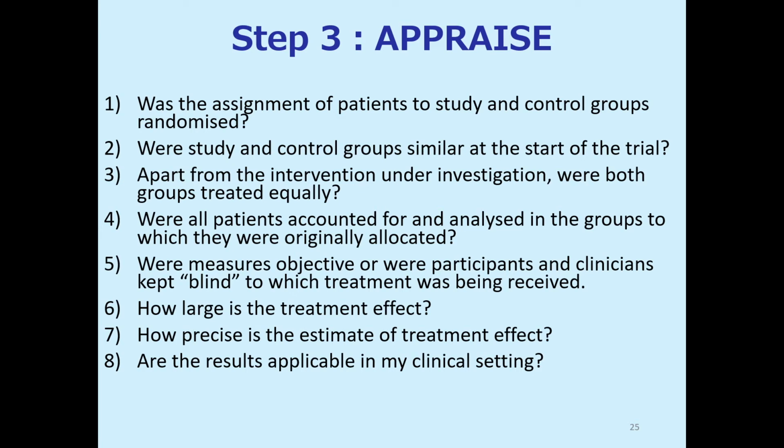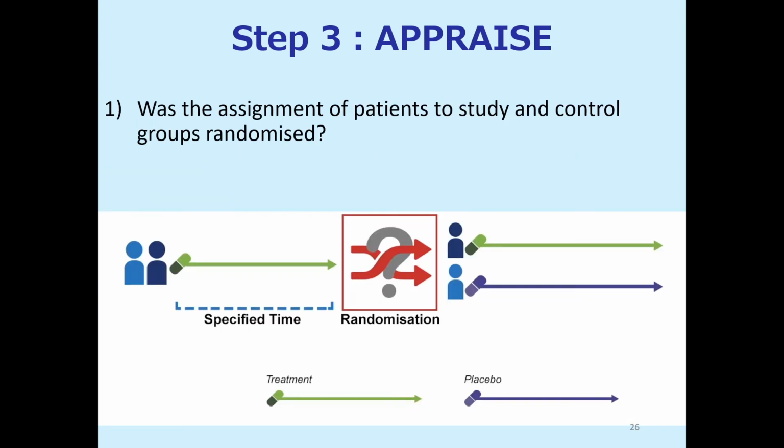Were all patients accounted for and analyzed in the groups to which they were originally allocated? Were measures objective, or were participants and clinicians kept blind to which treatment was being received? How large is the treatment effect and how precise is the estimate of treatment effect? Are the results applicable in my clinical setting? Now we will try to appraise the study by answering the above questions one by one.